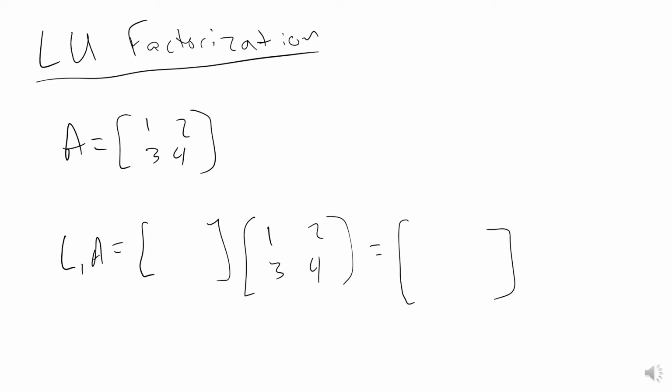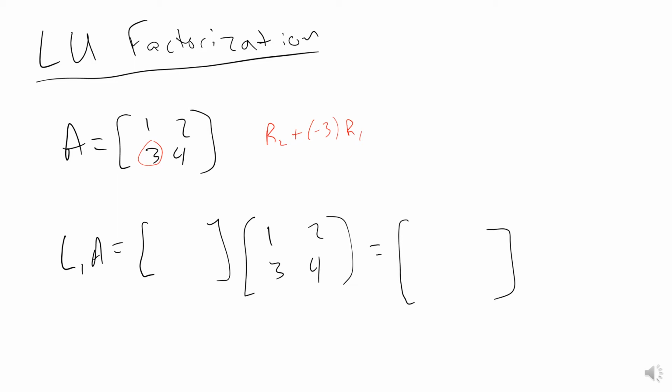If we were wanting to row reduce this matrix, we would work on eliminating this 3 from the matrix, and so we would replace row 2 with row 2 plus -3 times row 1. If I did that, I would have gotten a 0 in this position where I have a 3 originally.